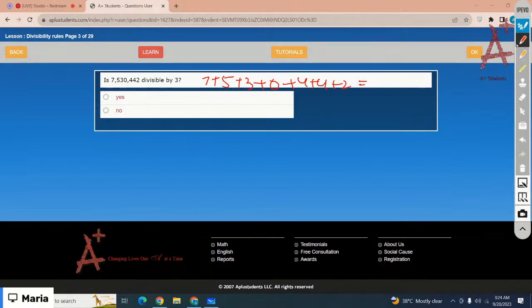Let's just add them. 12, 13, 14, 15, 16, 17, 18, 19, 20, 21, 22, 23, 24, 25. Is 25 divisible by 3? No. 3 times 8 is 24. That means no, the number is not divisible by 3. The correct option is no, right?